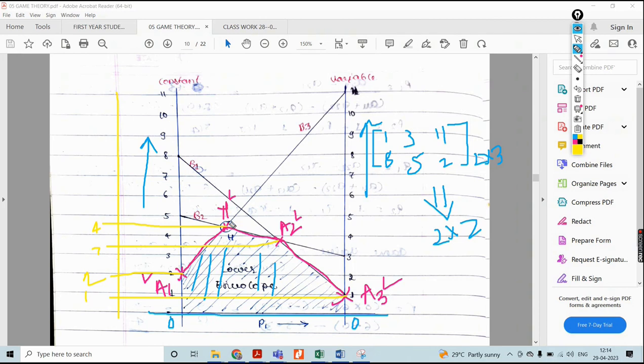Okay, for this H point, which two lines are making the intersection? This H point is made by B2 and by B3. Is this clear? Anybody having any doubt?